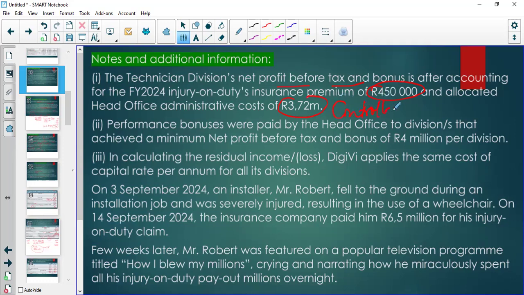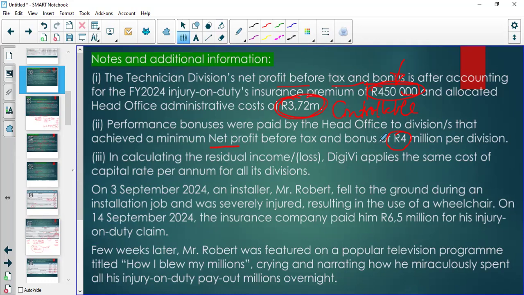If we calculate controllable profit, then we have to adjust for what is not controllable, included in the insurance premium, and these head office costs are also not controllable, right? So we would have to add them back. And we see that performance bonuses were paid by head office to divisions that achieved a minimum of 4 million.